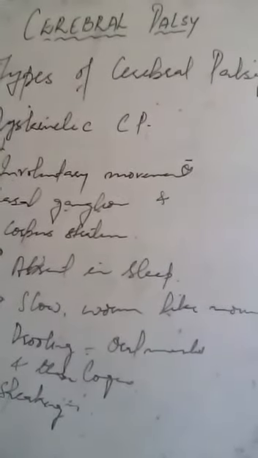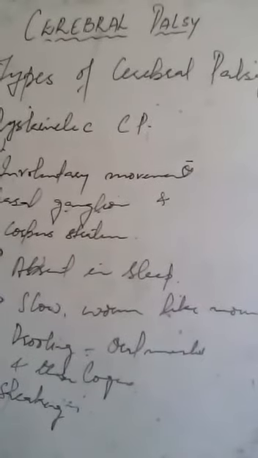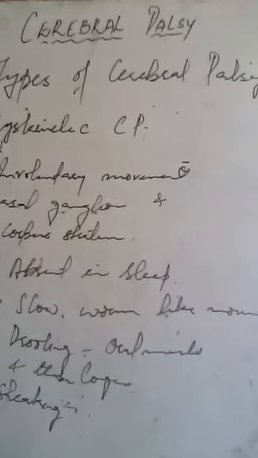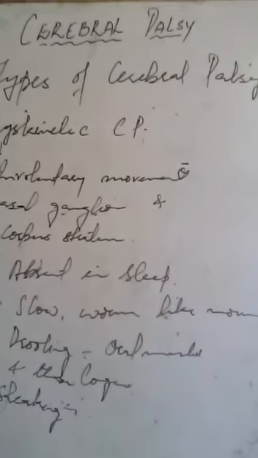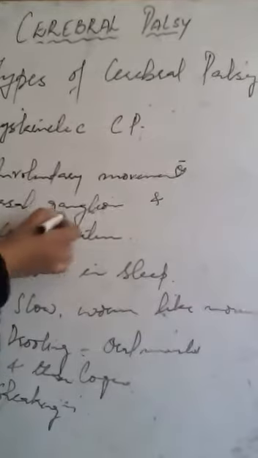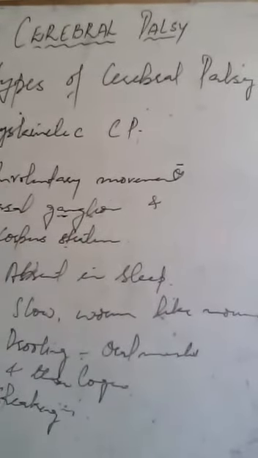In addition to this, there may be visual or eye defects and deafness. Deformities may develop due to continuous uncontrollable movements, most commonly originating from basal ganglion and corpus striatum. This is the dyskinetic cerebral palsy.